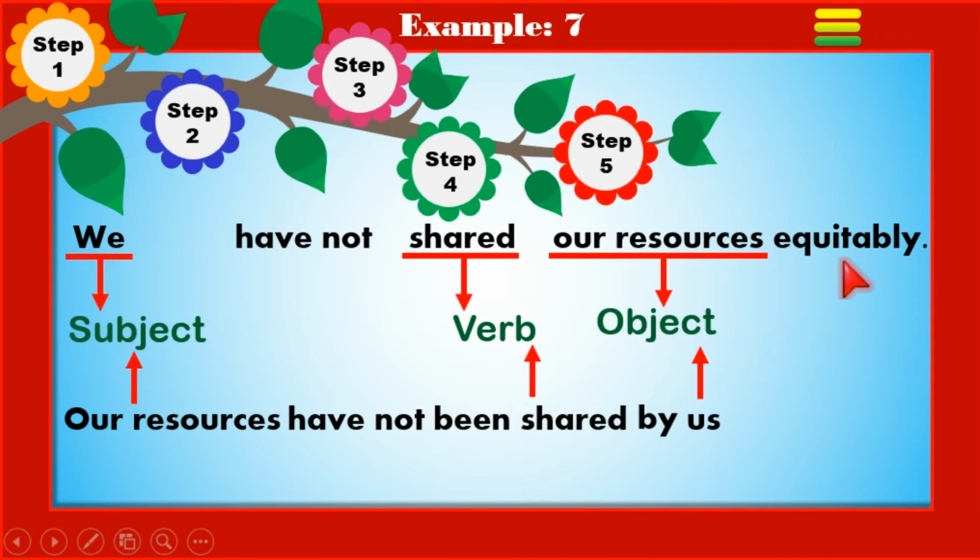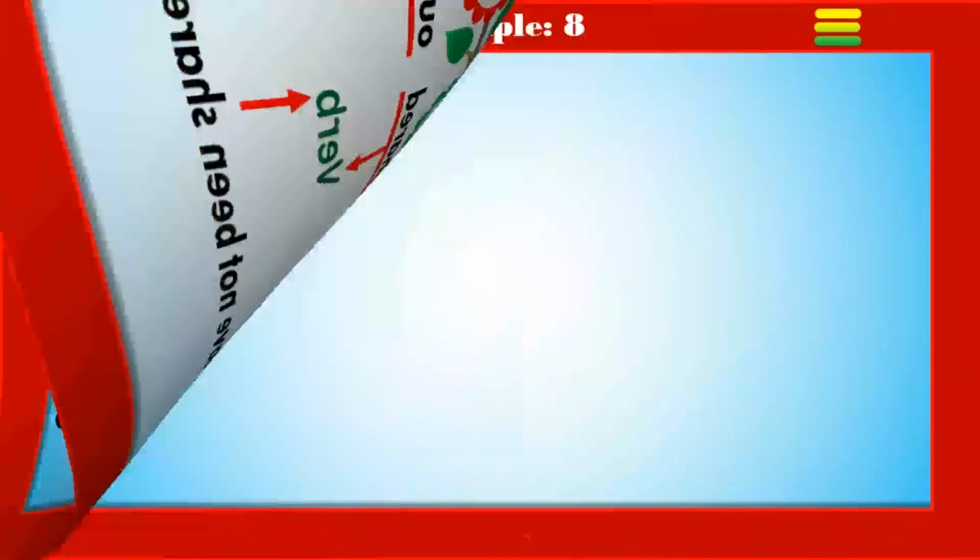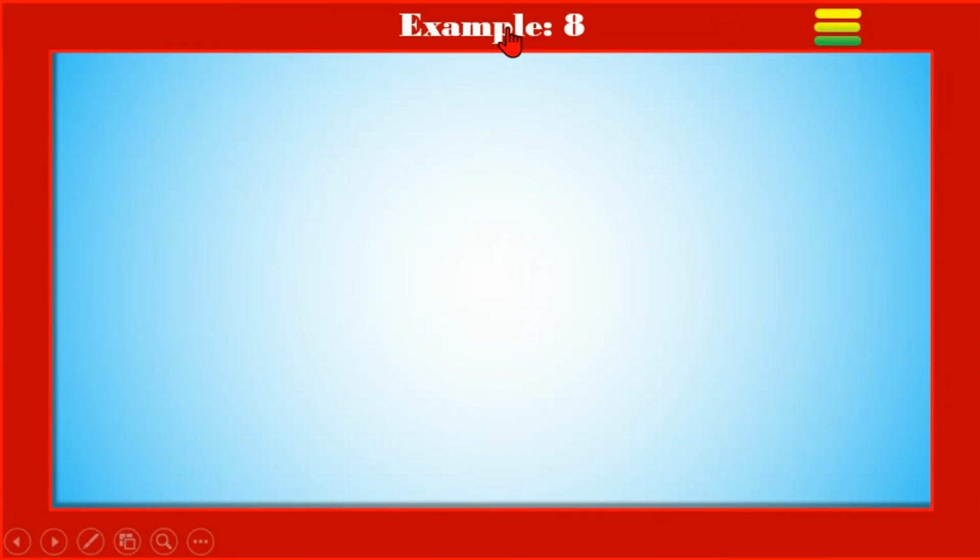At last, remaining part of the sentence, equitably. Now we got the answer. Our resources have not been shared by us equitably. Yes, next example, example number 8. I didn't like it.